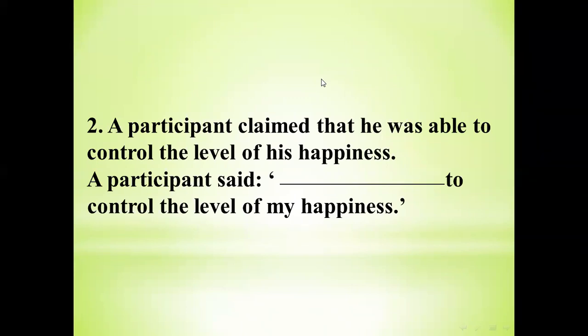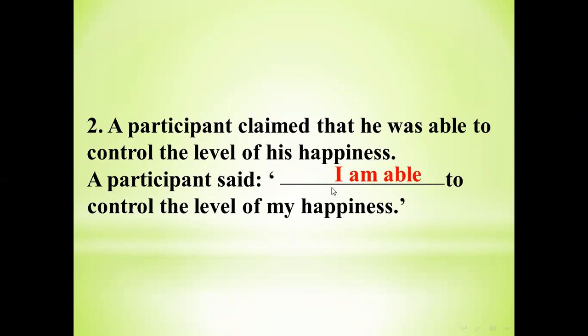Who can tell me? Abdulaziz Ahmed or Ibrahim Al-Hazam? Yes, please. A participant said, I am able to. Excellent. Very good. Ibrahim Al-Hazam, say. I am able. Yes, very good, Ibrahim. Because here we put a quotation mark before his exact words. This is a quotation mark, and this is another quotation mark.